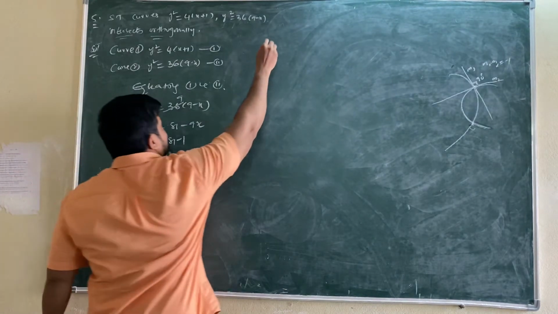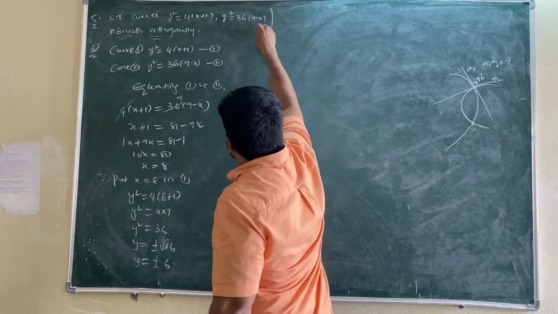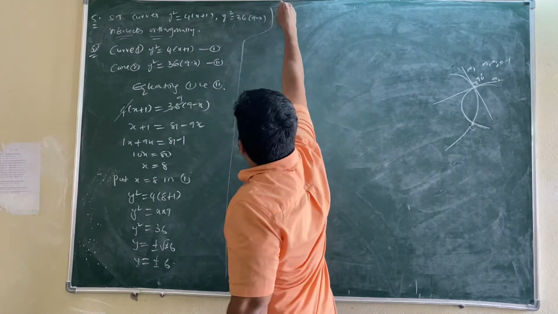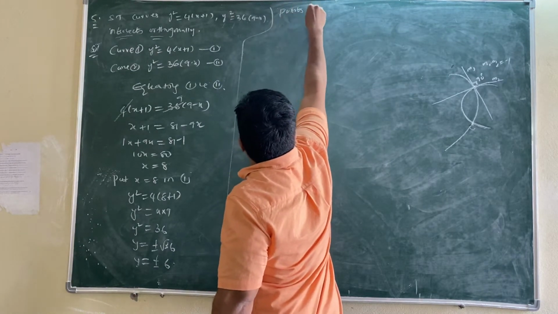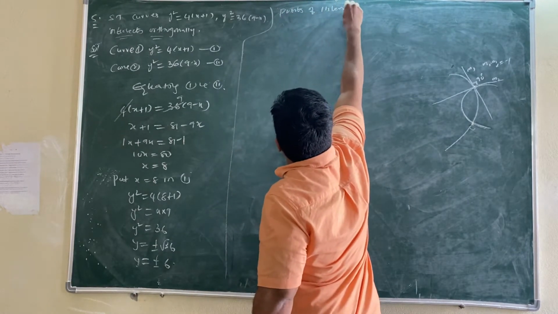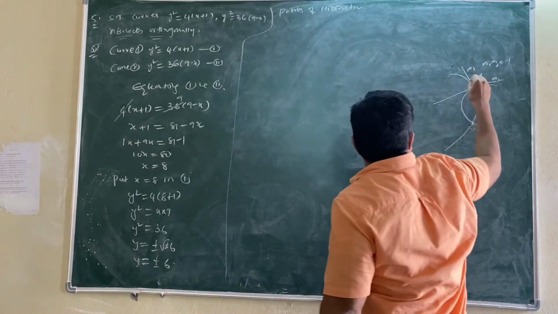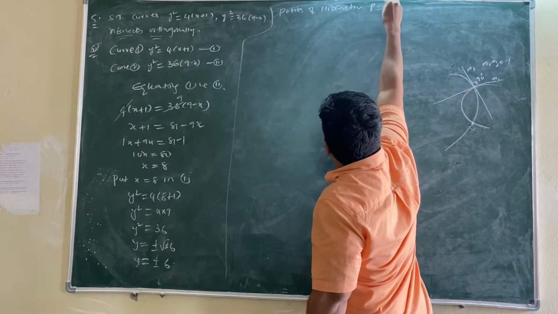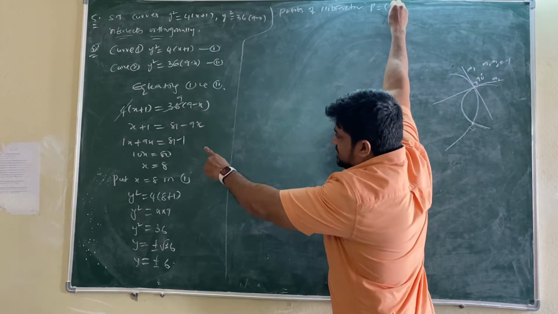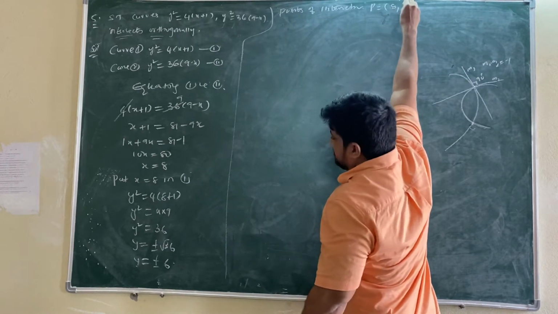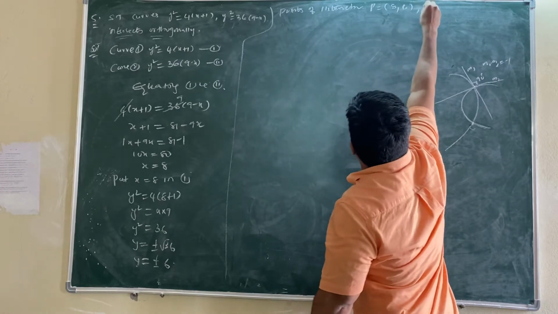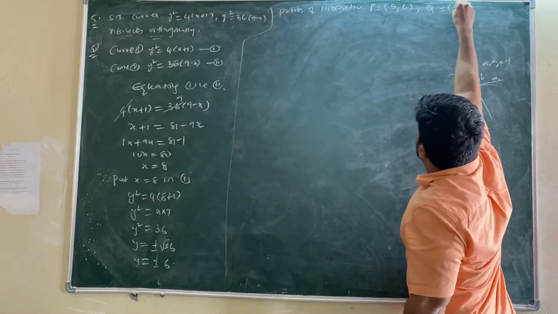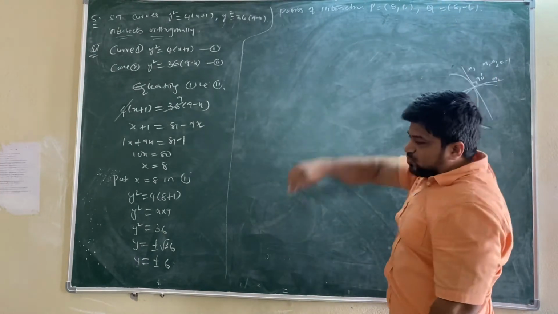Now we have the points of intersection. These 2 points we got: P is 8 comma 6 and Q is 8 comma minus 6.